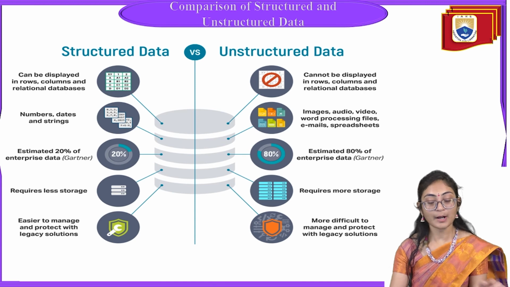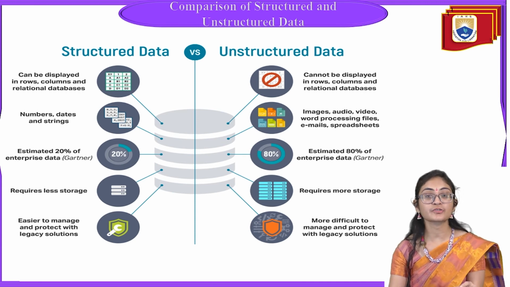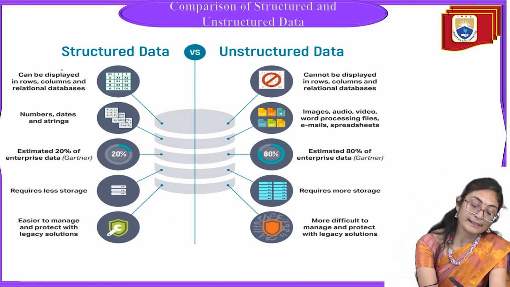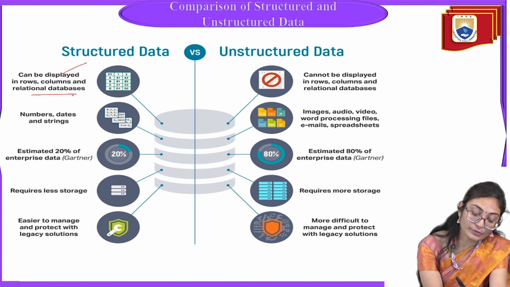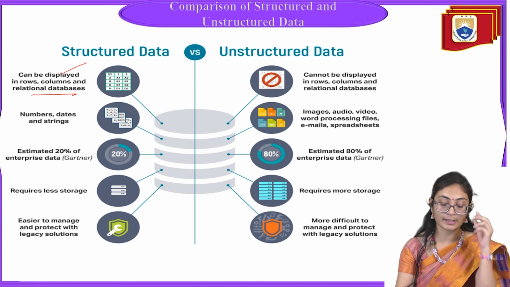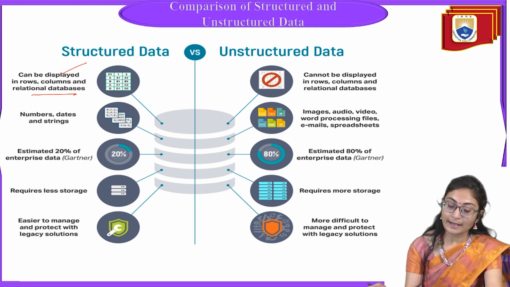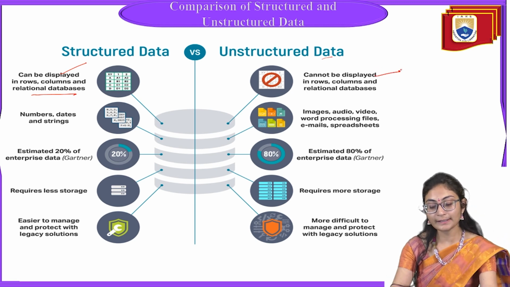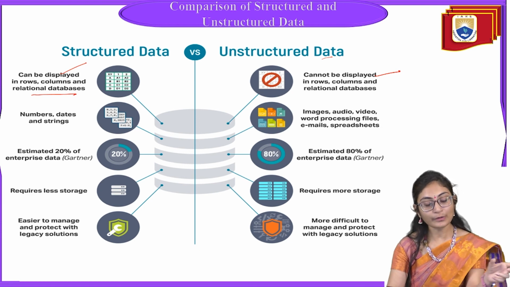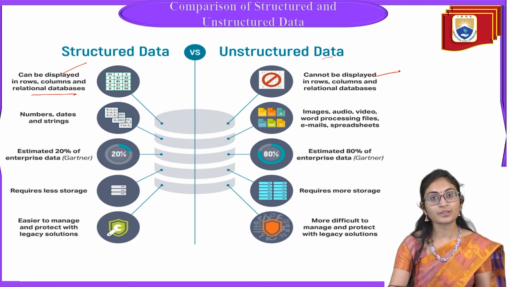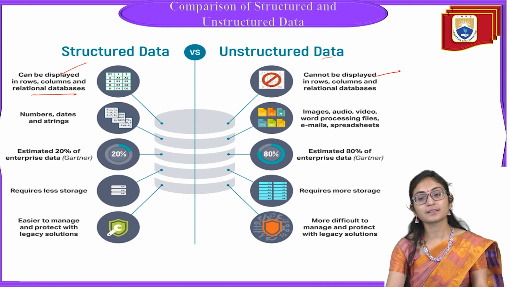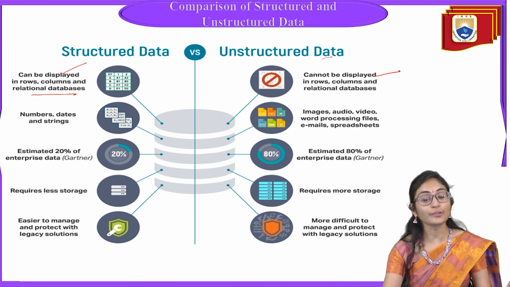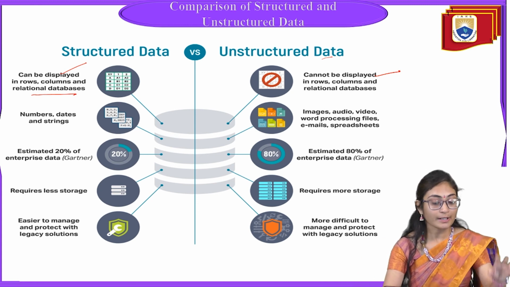Now we will see comparison of structured and unstructured data. Structured data can be displayed in rows, columns and relational database. But unstructured data does not display in rows, columns or relational database. Structured data will follow some structure, some rules, but unstructured data will not follow any rule or structure.